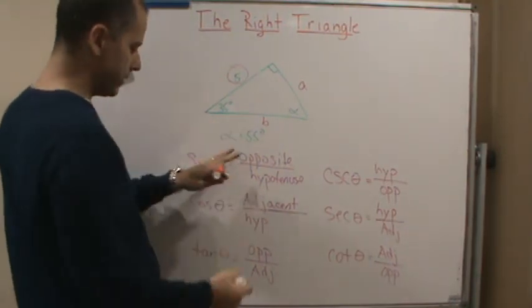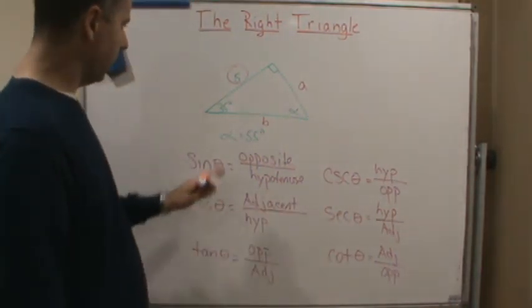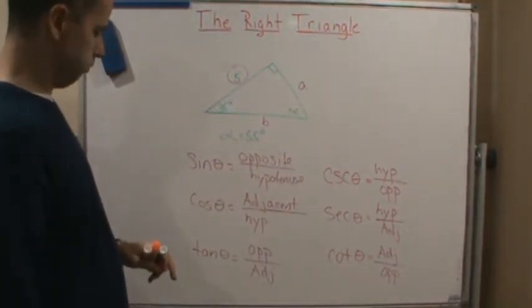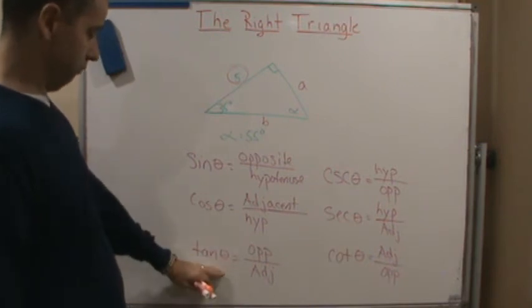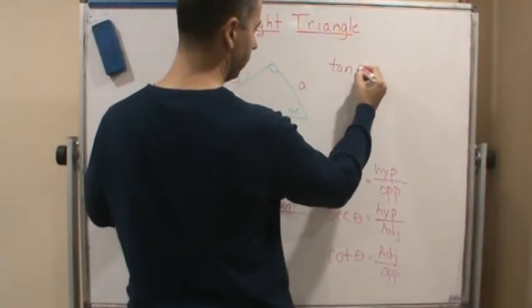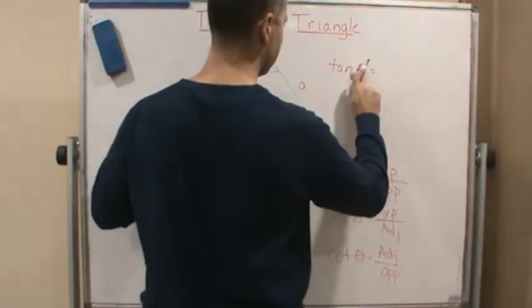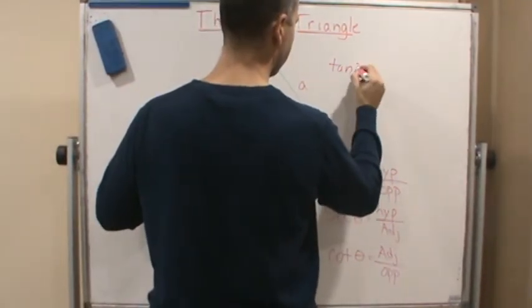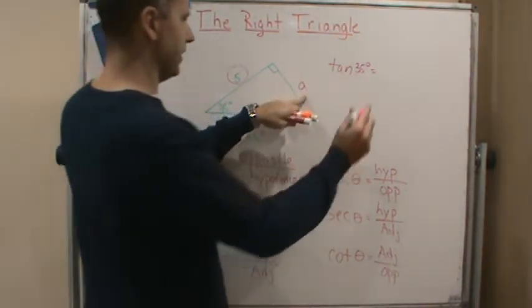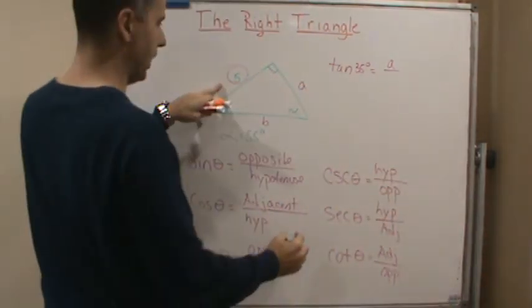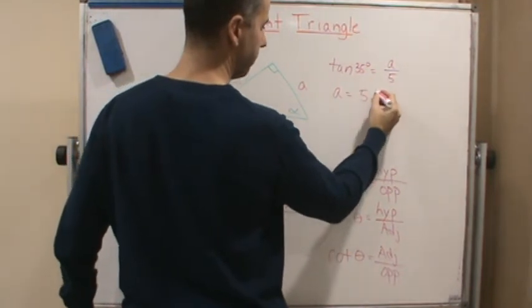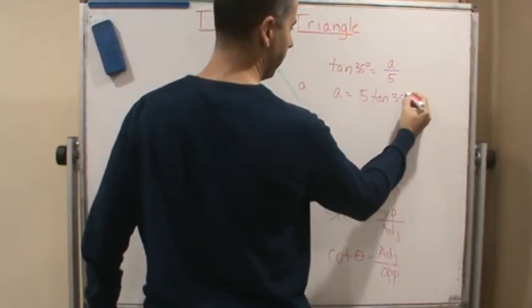Well, what trig function relates the adjacent and the opposite? Well, that's going to be tangent, right? So tangent of 35 degrees equals what? Opposite over adjacent. And so that means A equals 5 times tangent 35 degrees.